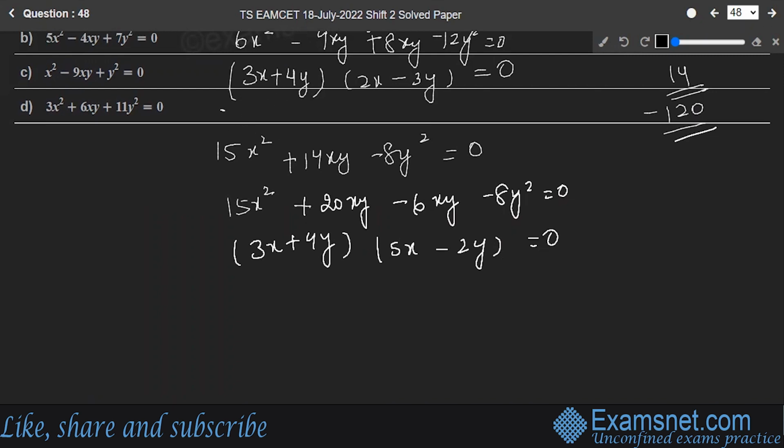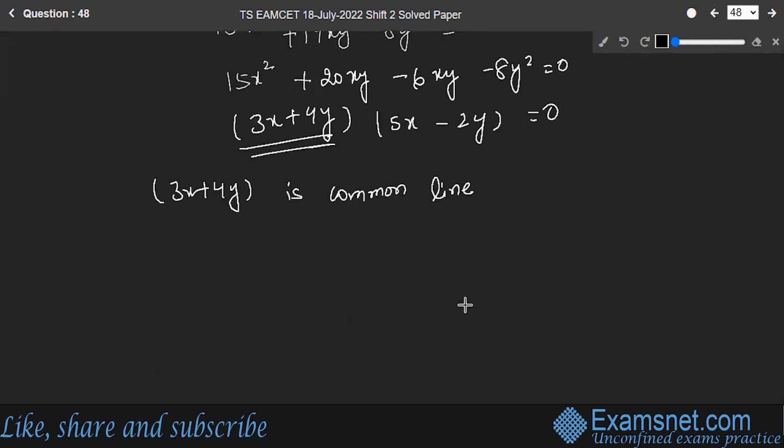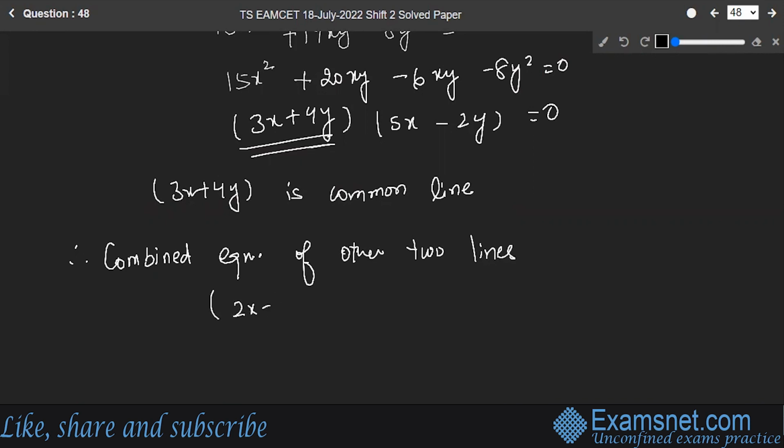So if I look at both of them, 3x plus 4y is the common line. Therefore, the combined equation of the other two lines will be 2x minus 3y into 5x minus 2y is equal to 0.